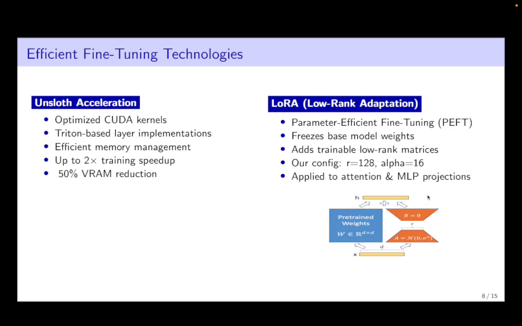Second, LoRA, or low-rank adaptation. This PEFT technique allowed us to adapt the model by training only a small number of adapter parameters while keeping the base model frozen. We used a relatively high rank of 128 for LoRA to capture more task-specific nuances.